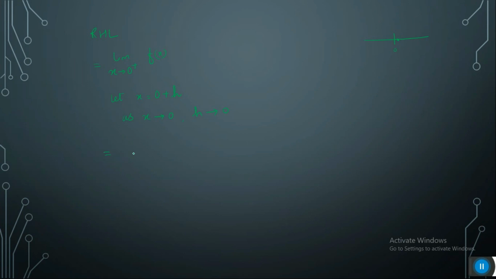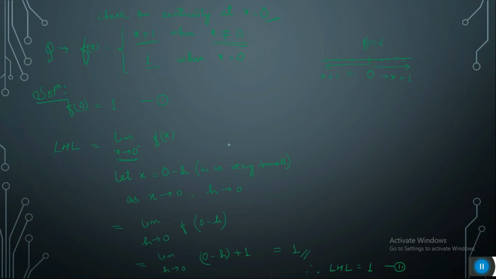Now limit h tending to 0, f of 0 plus h, because I have changed my x to 0 plus h. The limit change should be done with the variable. Whatever variable you are writing, the limit should be on that variable. Now what is our f of x on this side?